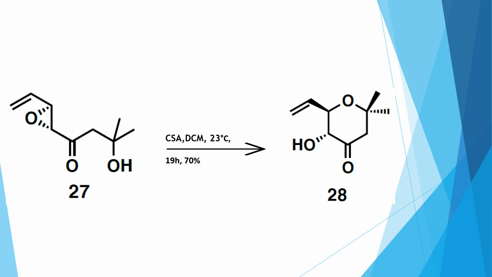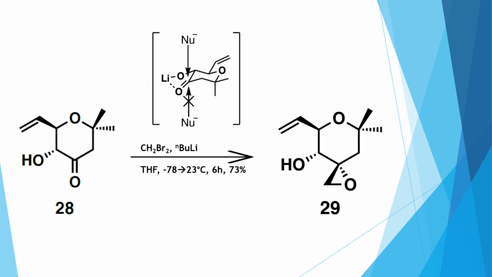Our yield is 70%. After that, THF and dibromomethane were added and then cooled to negative 78 degrees Celsius. Then n-butyllithium was added. So bidentate ligands or chelating ligands are Lewis bases that donate two pairs of electrons to a metal atom.